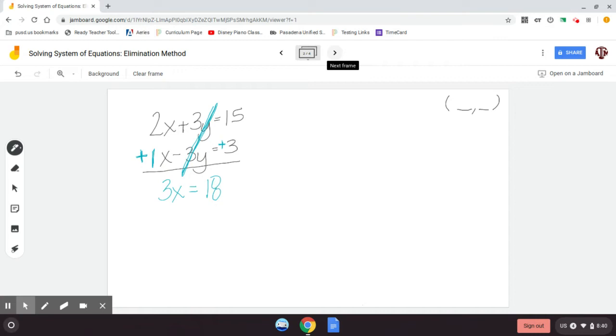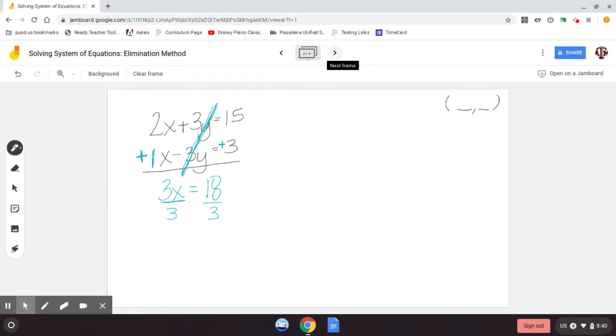Now I need the x to be by itself, and it has a coefficient of 3. So the 3 and the x are being multiplied, and we know in math to get rid of something, we do the opposite. If they're being multiplied and I need to get rid of that 3, I'm going to divide. But whatever I do to one side, I do to the other.